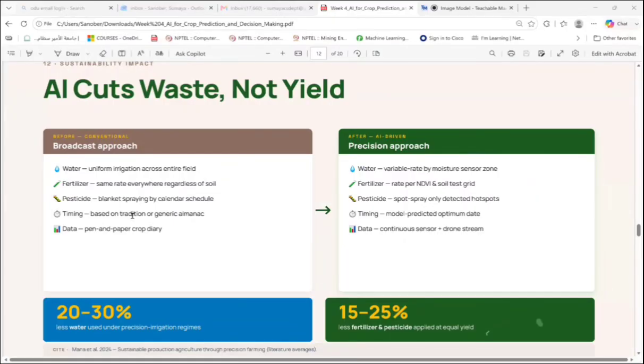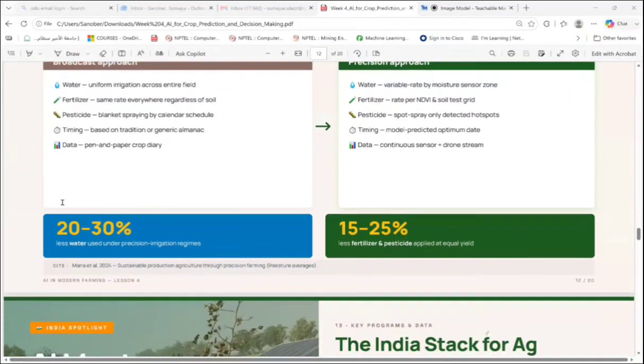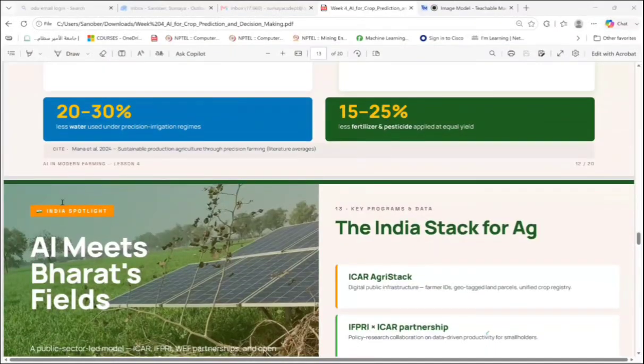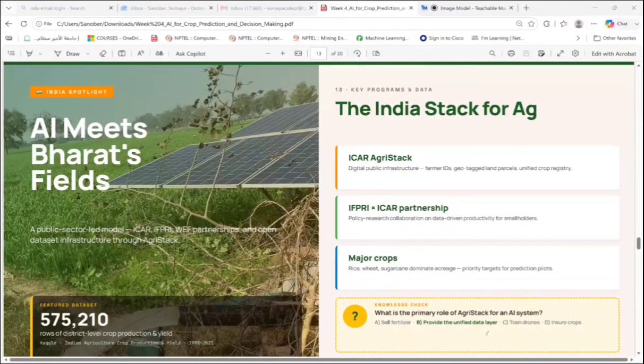Right? Now, in the next slide, we will see how different countries are building these agricultural AI systems in different ways. Okay. The first one is AI meets Bharat, where the Indian agricultural AI effort depends on public digital infrastructure, government agencies, research institutions, and partnerships.